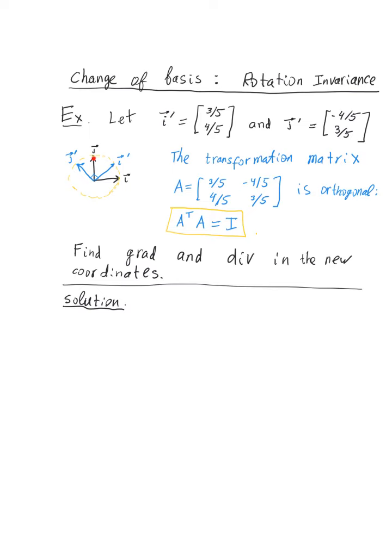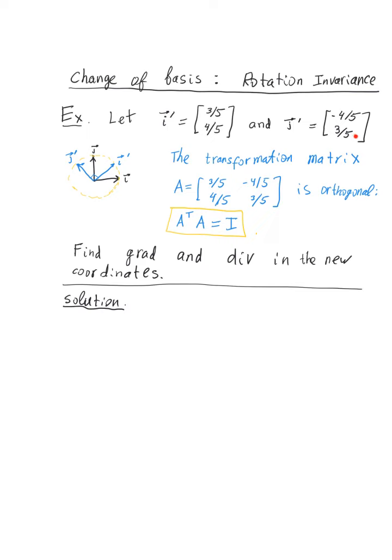Okay, so we start with the standard basis i, j, and let's apply a rotation to it. We look at the new basis given by columns (3/5, 4/5) and (-4/5, 3/5).